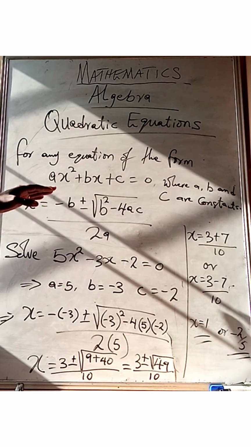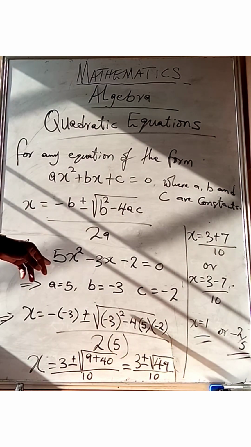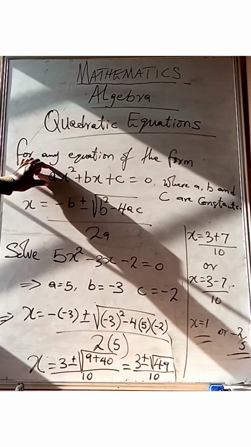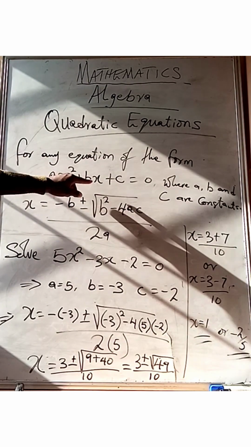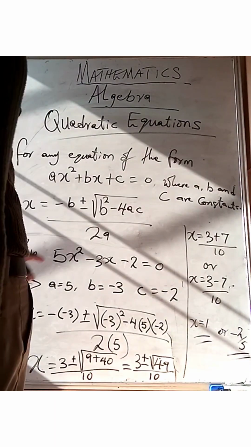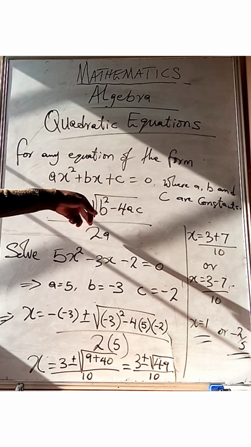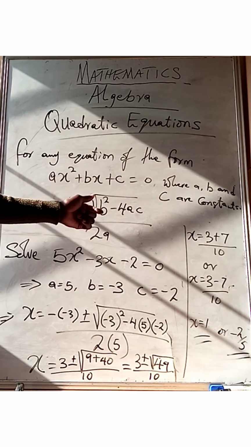Ordinarily, if I am solving it, I would have stated, given this, then it is of the form ax squared plus bx plus c equals 0, where a, b, and c are constants, such that x is equal to negative b positive or negative the square root of b squared minus 4ac, everything over 2a.